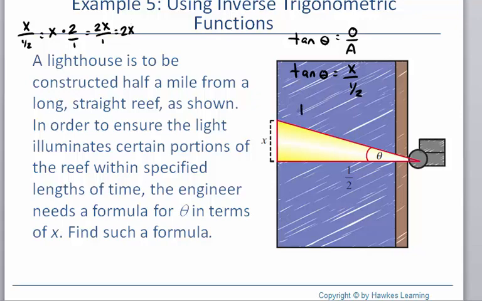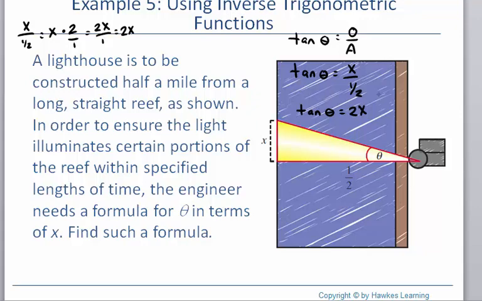All right, so I'm going to simplify it in that manner. So I now have tangent theta is equal to 2x. And we want the formula to be for theta. So what that means is that we want it to be theta is equal to. And so the best way to have that happen is to transform this equation into an inverse function.